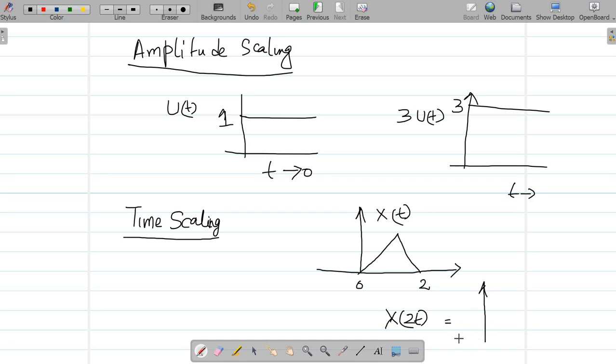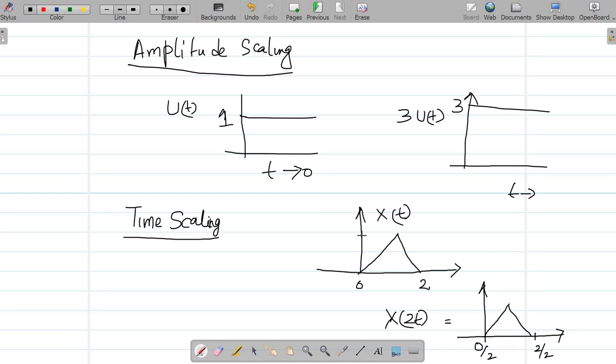So for the same signal, what we have to do is divide the time value, that is 0 by 2, and also 2 by 2, but the amplitude remains the same.